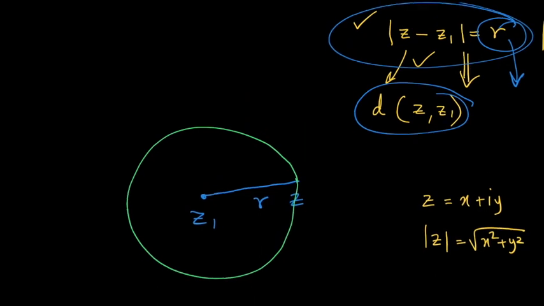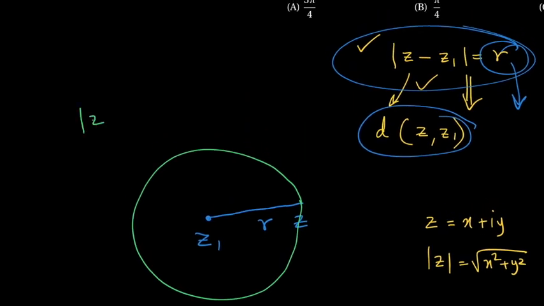So all complex numbers satisfying this condition, modulus of Z minus Z1 is equal to R, will lie on a circle centered at Z1 having radius R. So all your Z will be lying on the circumference of the circle.